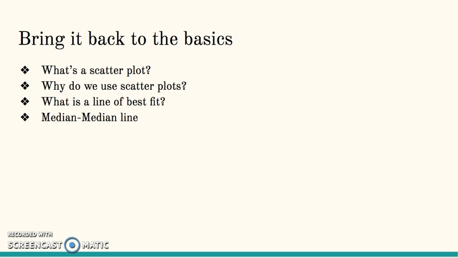And then the third step is finding the slope from groups 1 and 3 of the medians. So you would take the y value of group 3 minus the y value of group 1 divided by the x value of group 3 minus the x value of group 1.